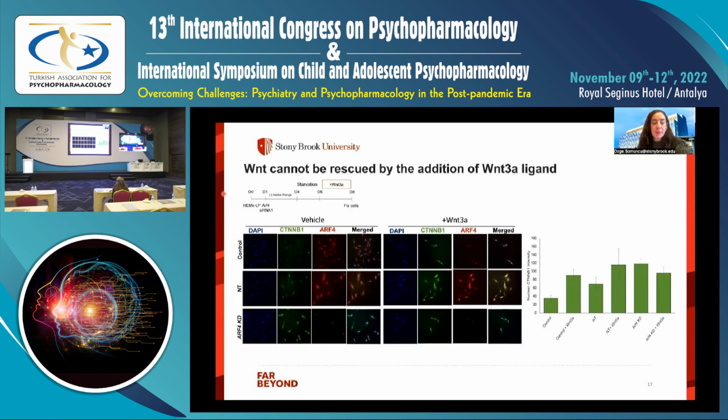We took the same cells, again did ARF4 knockdown, and did starvation and added Wnt3A ligand, which under normal conditions would activate the Wnt pathway. And we realized even with the addition of Wnt3A, when there was ARF4 knockdown, cells were not activating the Wnt pathway, and the nuclear beta-catenin intensity was not being rescued.